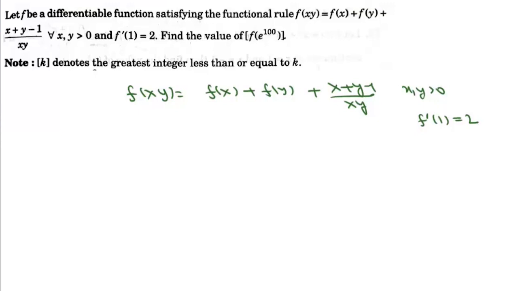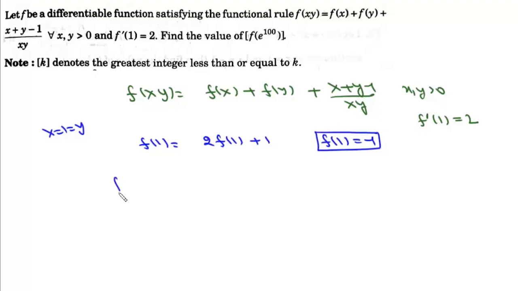Now what we'll do is, we'll find the value of f(1). We'll put x and y as both 1. So it'll be f(1) equals 2f(1) plus this 1. So from here we can say value of f(1) will be minus 1.